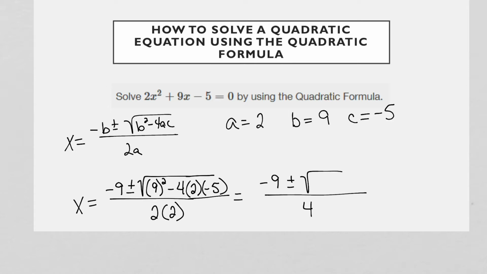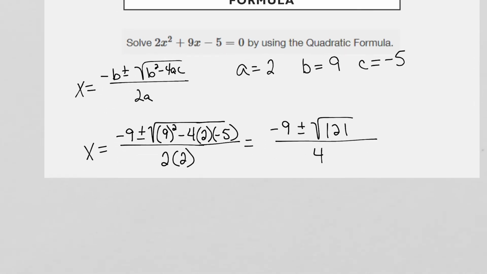And I get 121, okay? All right. Now, I can take the square root of 121. So I get -9 plus or minus 11 all over 4, okay? Notice plus or minus means I'm going to do the plus and I'm also going to do the minus. So here's what I'm going to write down.